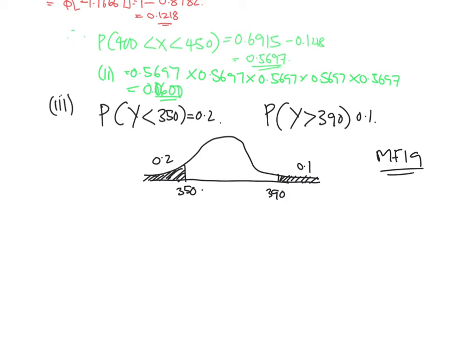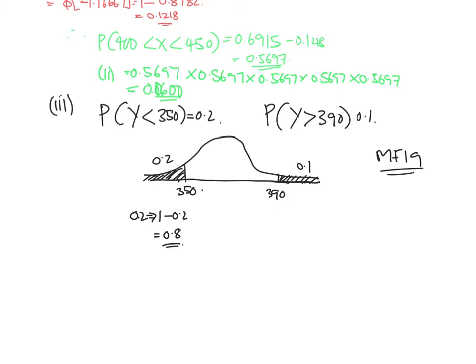So instead of us looking for 0.2, which you can't find on MF19, you can only find 0.5 all the way to 0.999, we minus 0.2. What I'll do is I take 1 minus 0.2, the answer is 0.8.